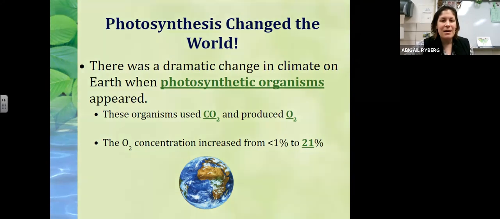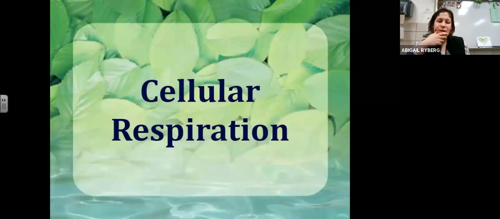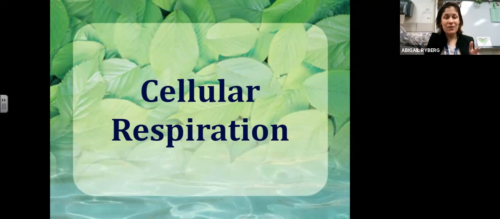Okay. Now let's switch gears and move on to cellular respiration. Remember, what we've seen happen is energy from the sun gets photosynthesized and plants produce glucose. We, animals, eat the glucose and that fuels our bodies.